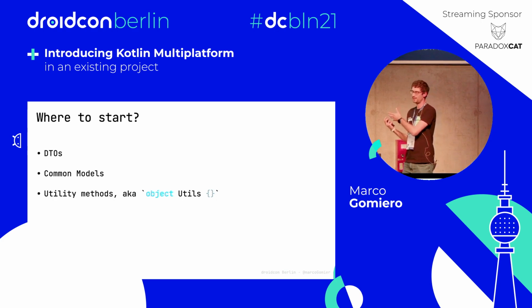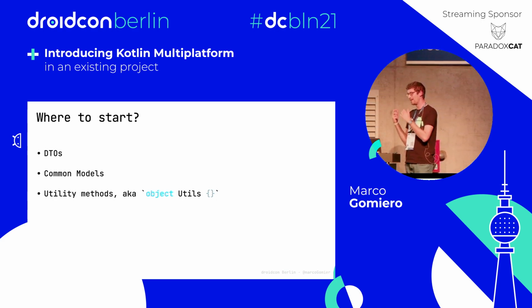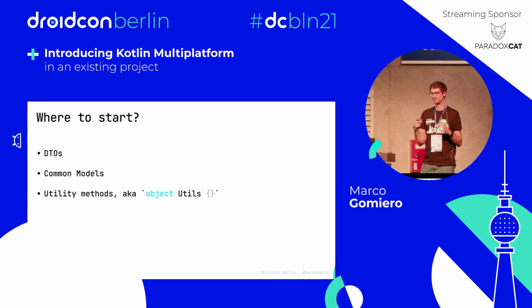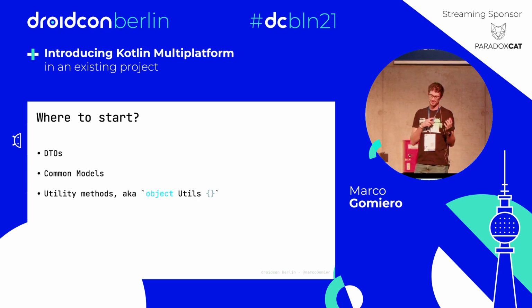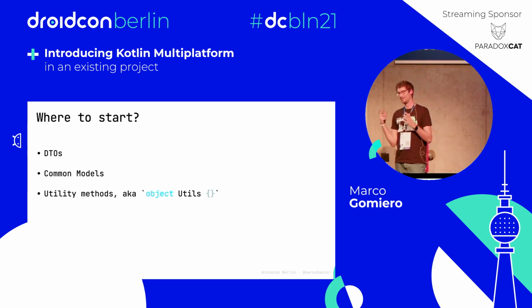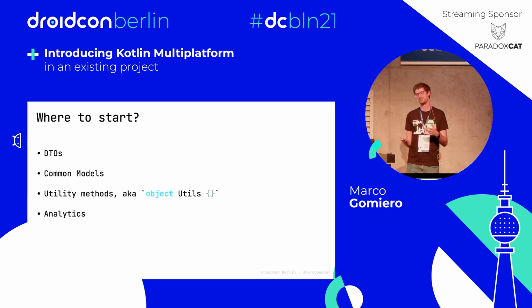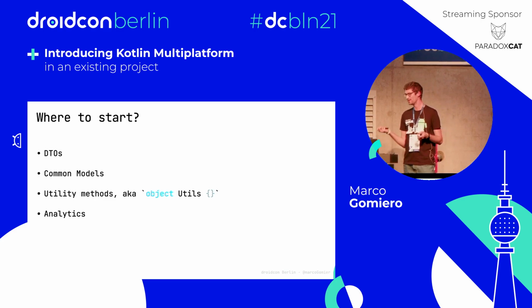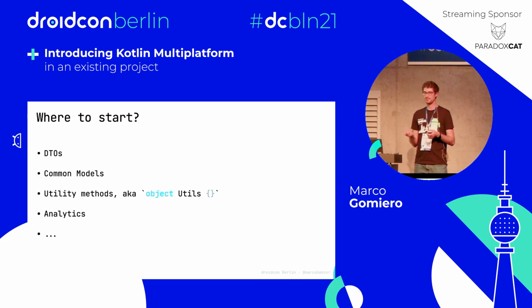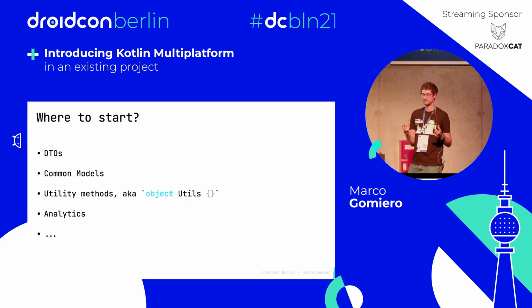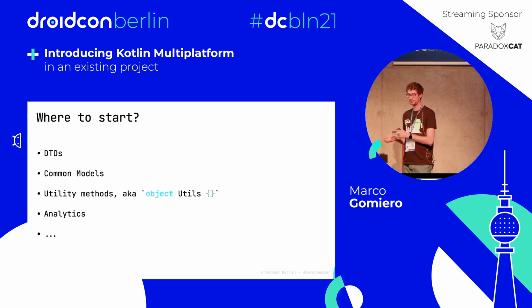Again, if we define a utility method in one place, then maybe we're not going to fail by writing it on both sides. Another example could be analytics, because writing analytics code is just boring. And there are many other types of code that you can start with, and it depends, of course, on the specific project.